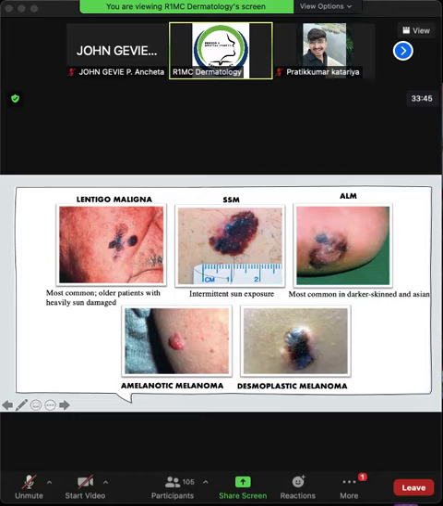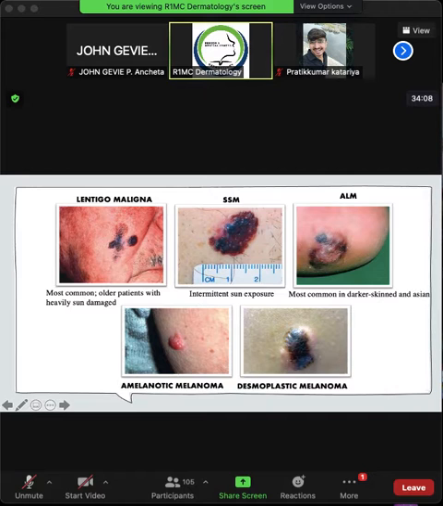So we have your lentigo maligna, which begins as a tan macule extending peripherally with gradual uneven darkening over the years. It is more common in older patients with heavily sun-damaged skin and those in sunny climates.